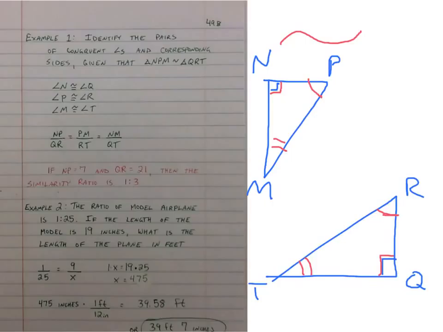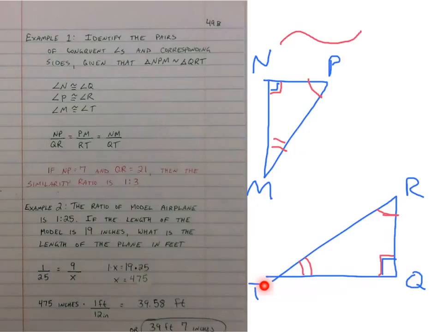The corresponding sides would be NP corresponds with QR, so that ratio of NP to QR should be the same as the ratio of PM to RT, which should be the same as the ratio NM to QT.